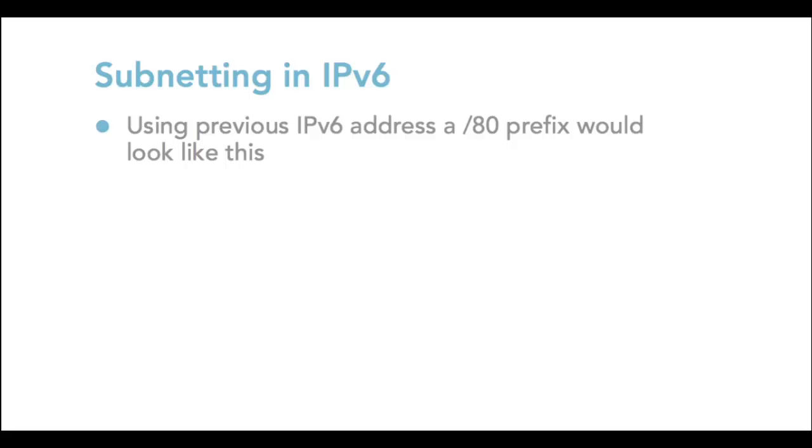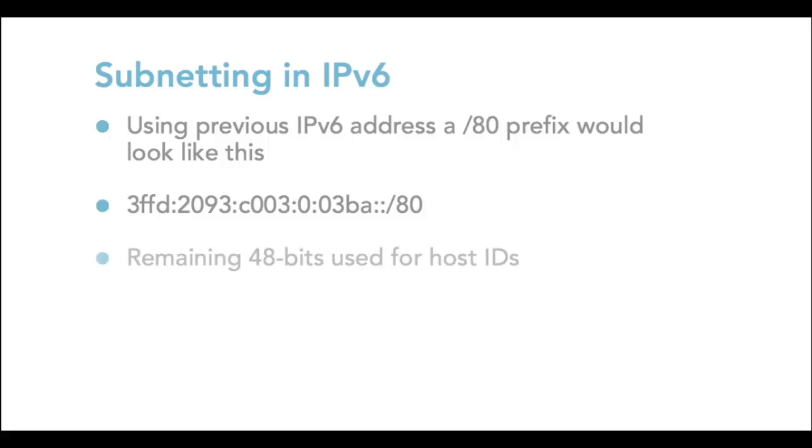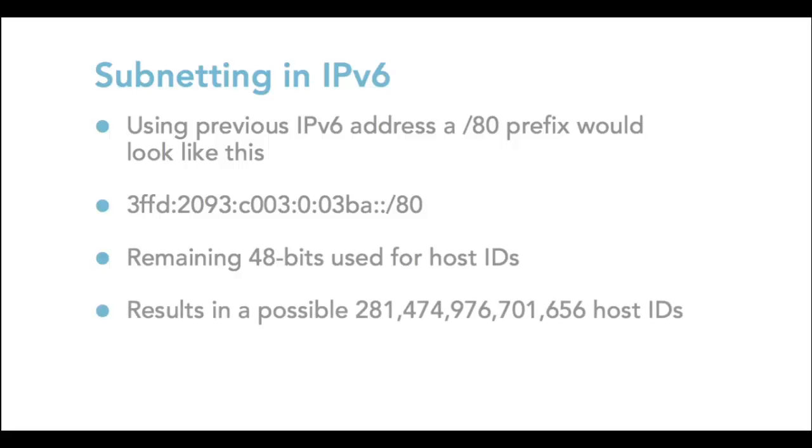Using the previous IPv6 address we looked at, if we had a /80 prefix, it would look like this. The remaining 48 bits would then be able to be used for host IDs. 48 bits for host IDs means that we can have 281,474,976,701,656 unique host IDs.